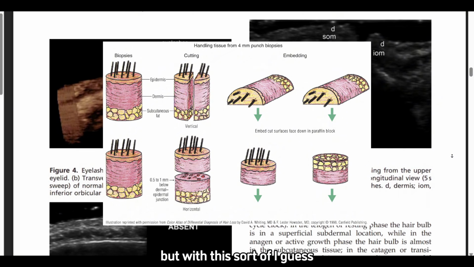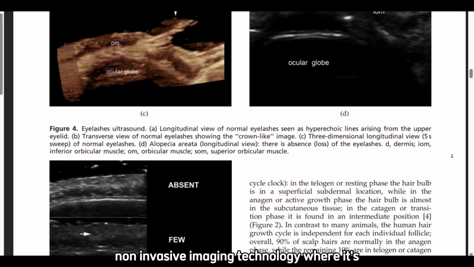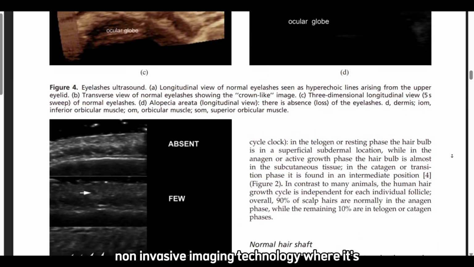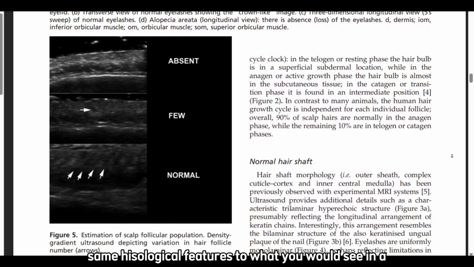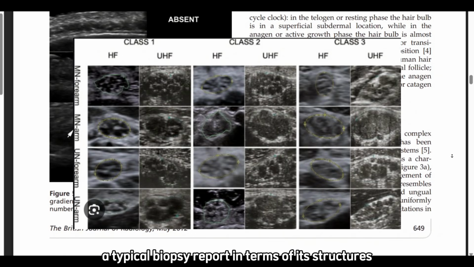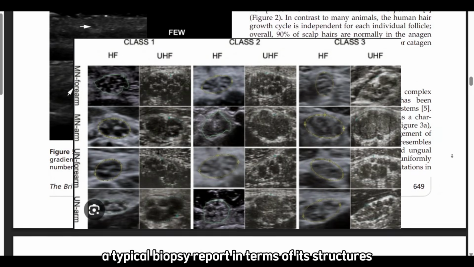But with this sort of non-invasive imaging technology, it's reaching the point where it pretty much has the same histological features that you would see in a typical biopsy report in terms of its structures.